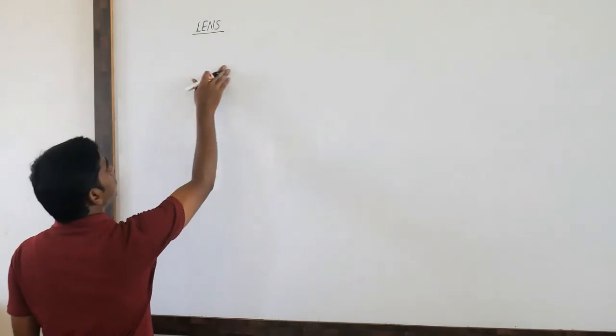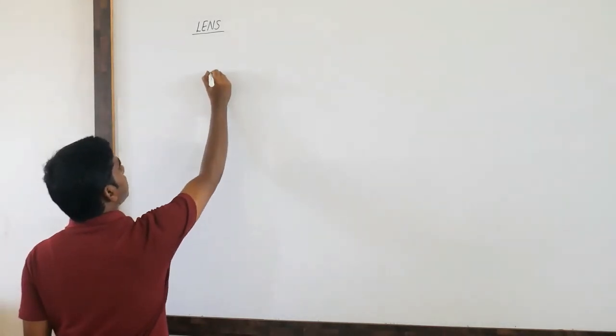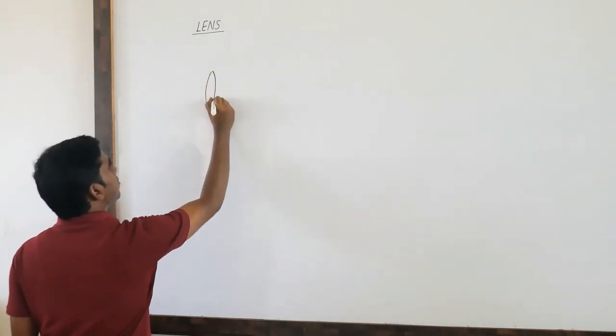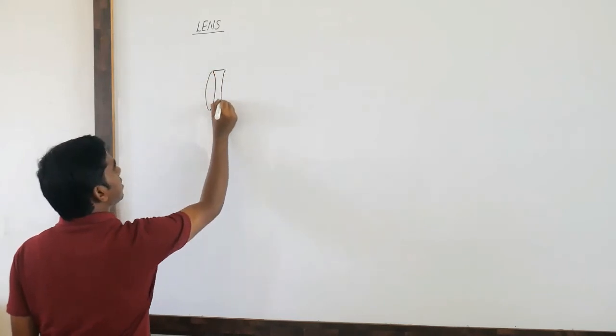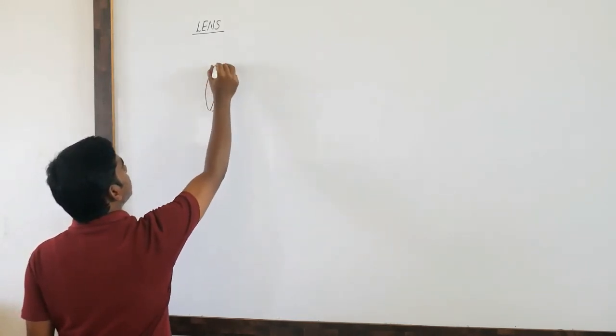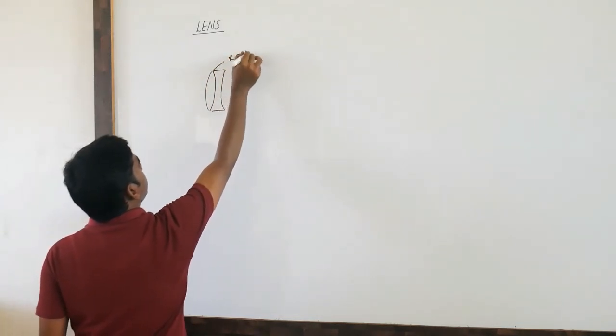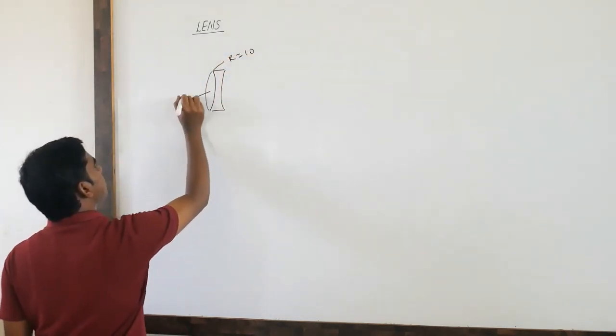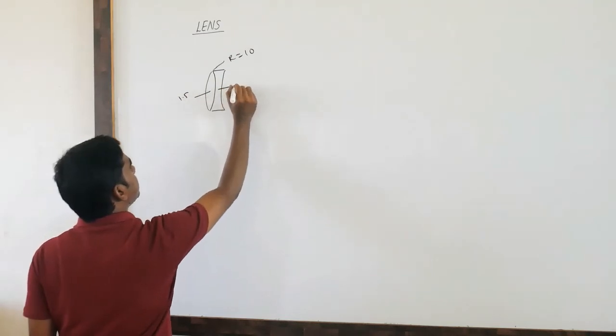So we'll go with simple problems on the combination of lenses. Suppose you have one convex lens and one concave lens. Say the radius of curvature of both is R equals 10, and the refractive index of one is 1.5 and of the other is 2.